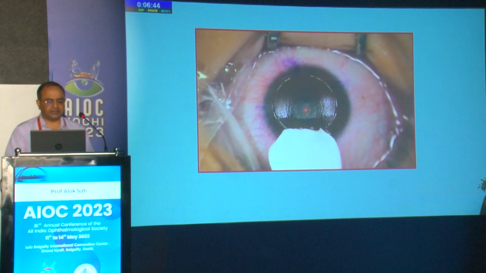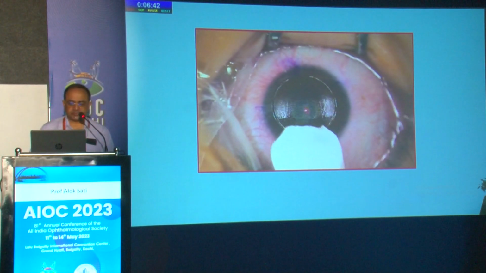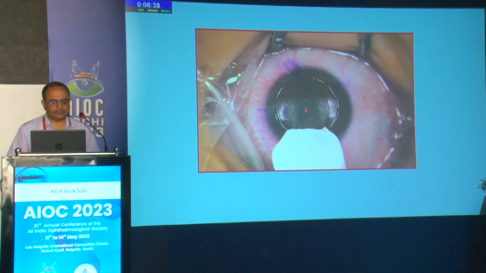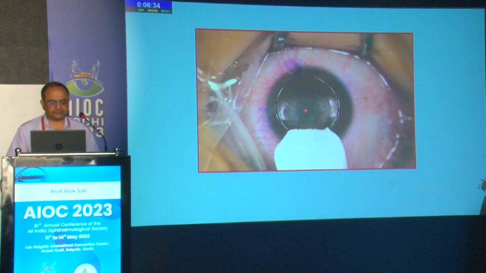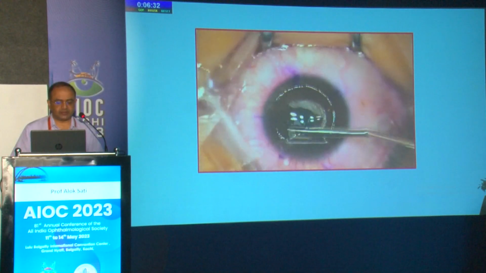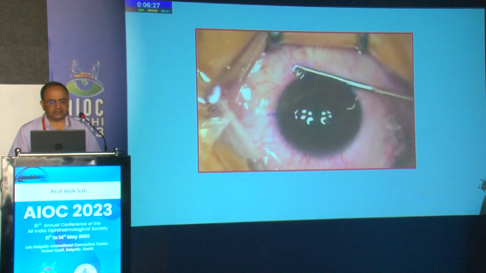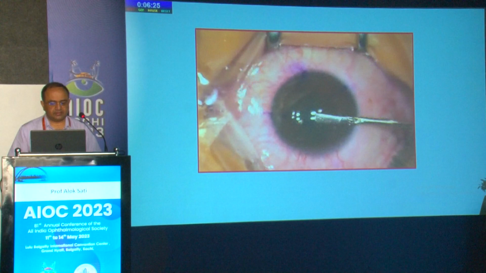It is basically a sort of keratomileusis that we are performing here. This ablation is what creates the correction, and then we reposit the flap back.